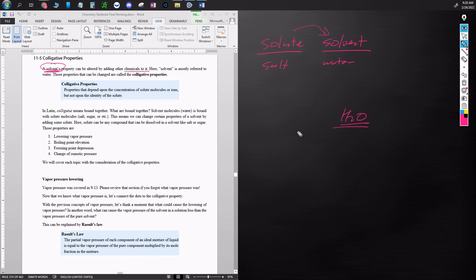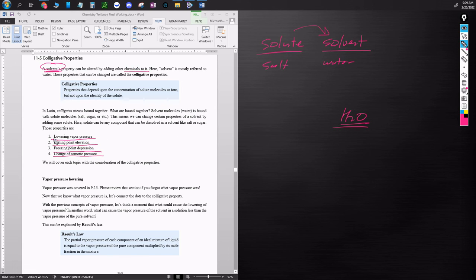There are a few things we can deal with here: lowering vapor pressure, which you might have dealt with in the gas chapter last week, boiling point elevation, freezing point depression, and change of osmotic pressure. I'm not sure about this last one, but at least these three are the most common.